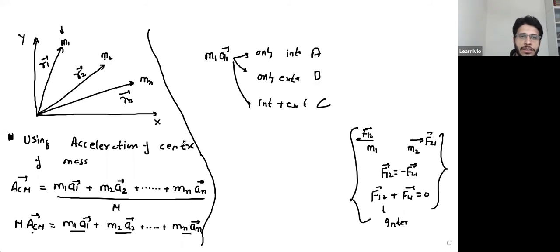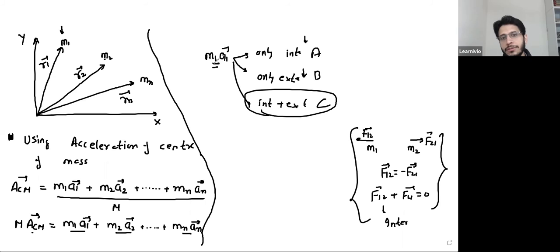If you read the first line, your answer could be internal, A. But if you read the last line, that external force can change the motion of center of mass as well as the motion of individual particles, then you will come to this conclusion. The first line says internal force can change the motion of an individual particle, and the last line says external force can too. So actually it's internal plus external which can affect the motion of individual particles.